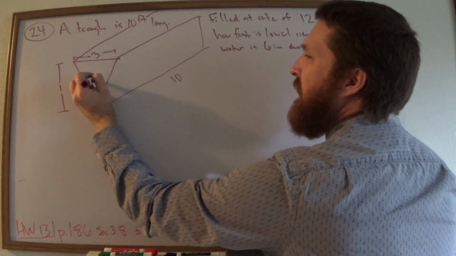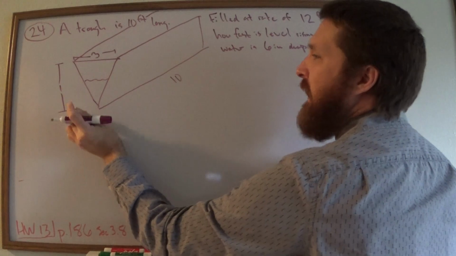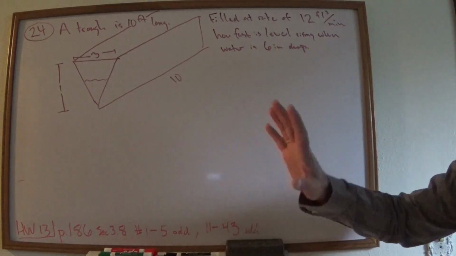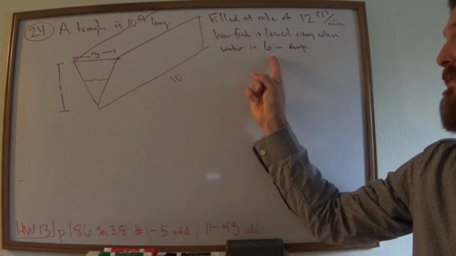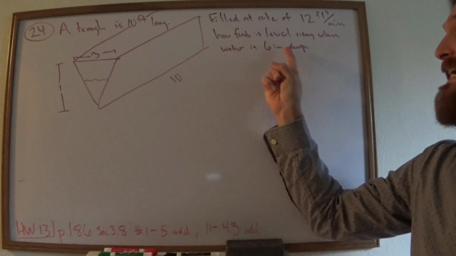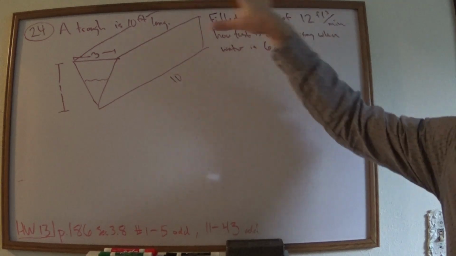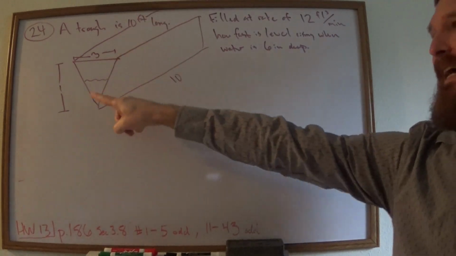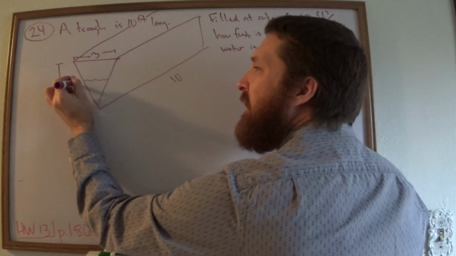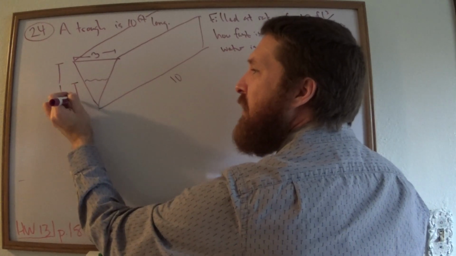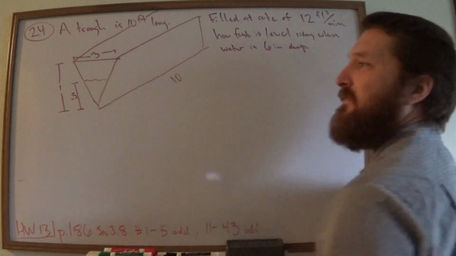So I'm imagining, okay, here's the water level. Now, notice this is going to mess you up. The level of the water is 6 inches. Everything else was given in feet. And if that's 1 foot, then the water level is 0.5 feet.